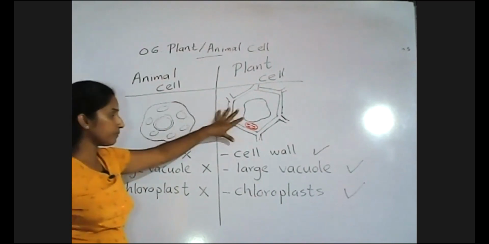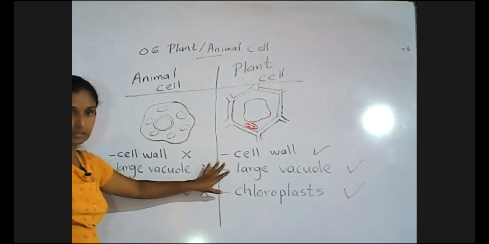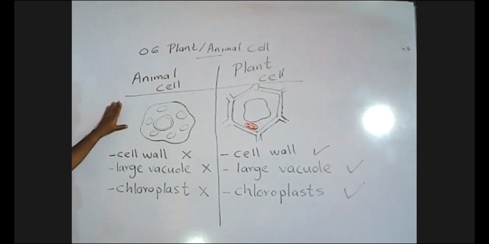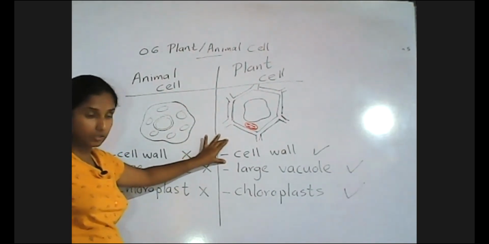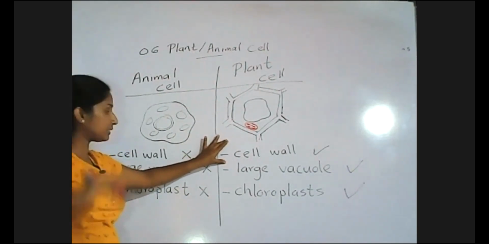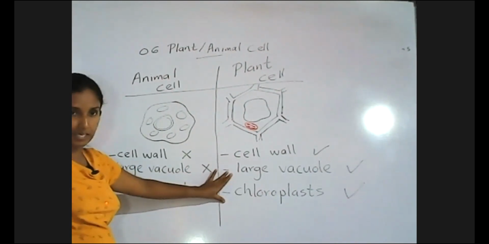With the diagram, you can compare these things. In the animal cell, no cell wall, no large vacuole, and no chloroplast. But in plant cells, there's a cell wall made up of cellulose, combined with the first lesson, and there's a large central vacuole, and chloroplasts are there.